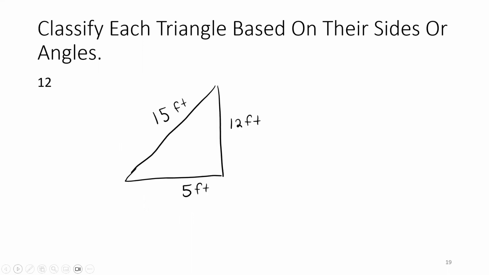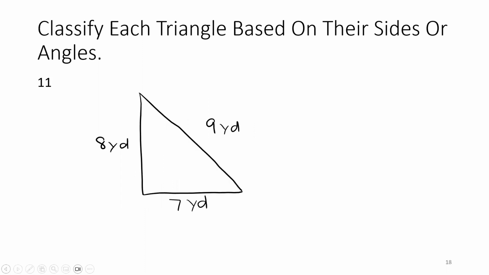Okay, so on this one, we have 15 feet, 12 feet, and 5 feet. So, wait, let me go back to the previous one. I just want to say it is a scalene, but could it be more than a scalene? Can it be an acute?